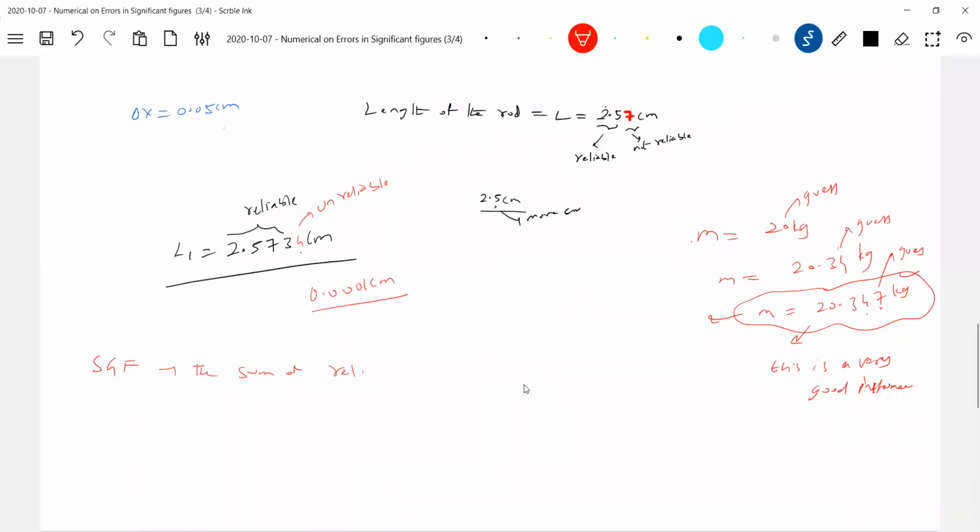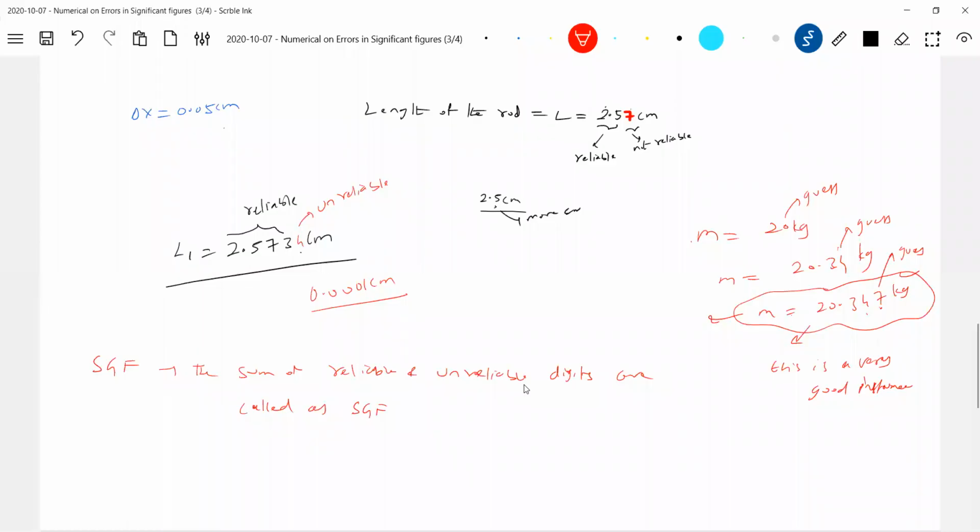The sum of reliable and unreliable digits are called significant figures. Finish or nothing that one.